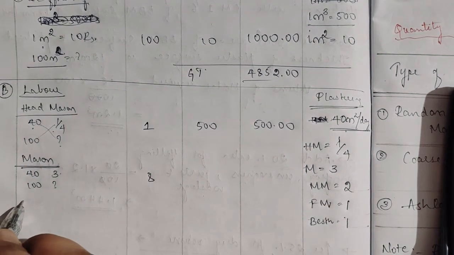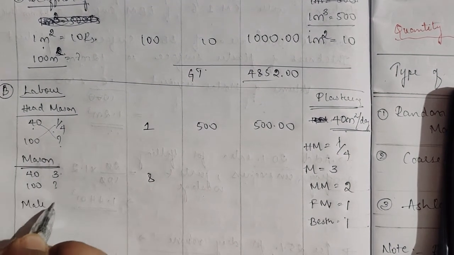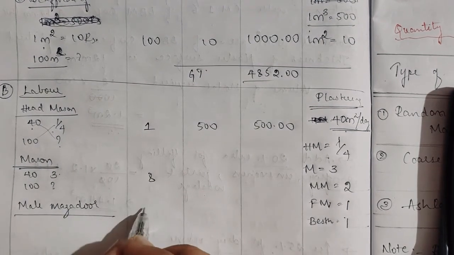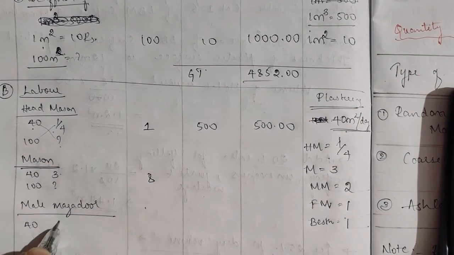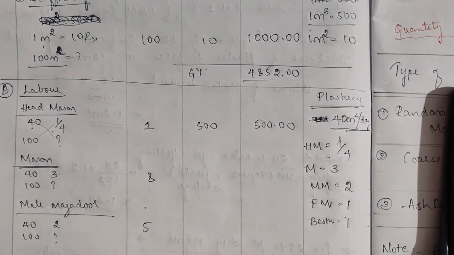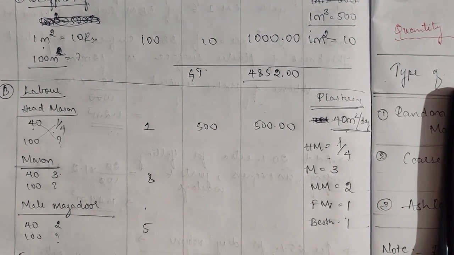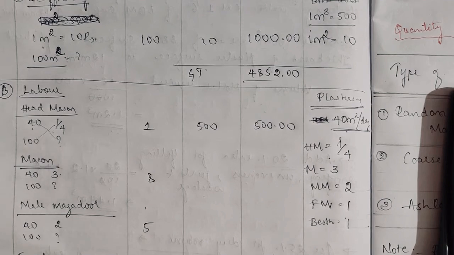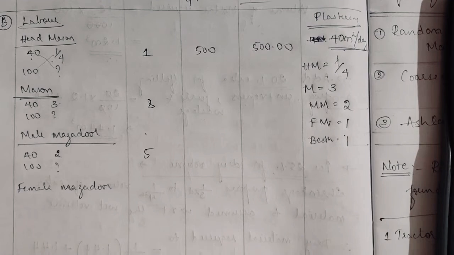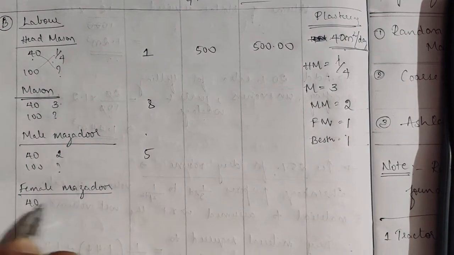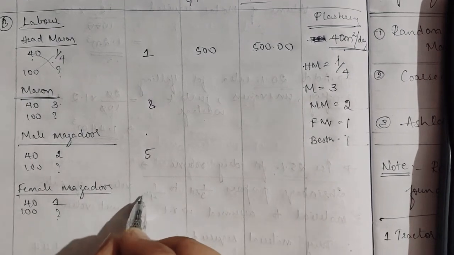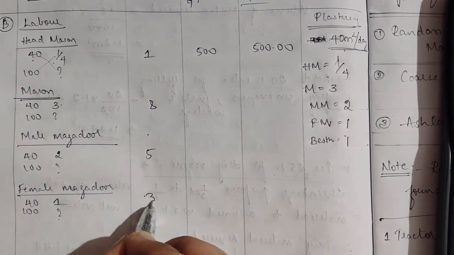Then after mason, male mazdoor, for 40 to 100, it will be 5. For female mazdoor, for 40 meters square of work one female mazdoor is required, for 100 meters square of work cross multiply, you will get the value as 3.